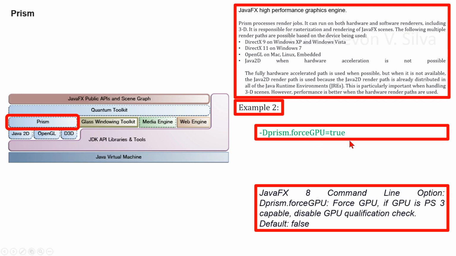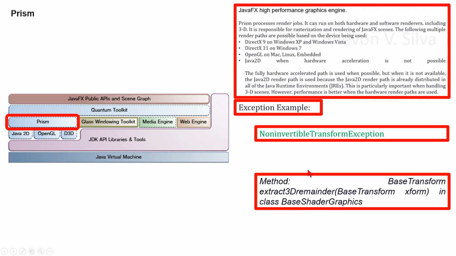As an example 2, we can consider this JavaFX 8 command line option: prism.forceGPU. This forces a GPU even if the GPU is not PS3 capable, disabling the GPU qualification check. This defaults to false.